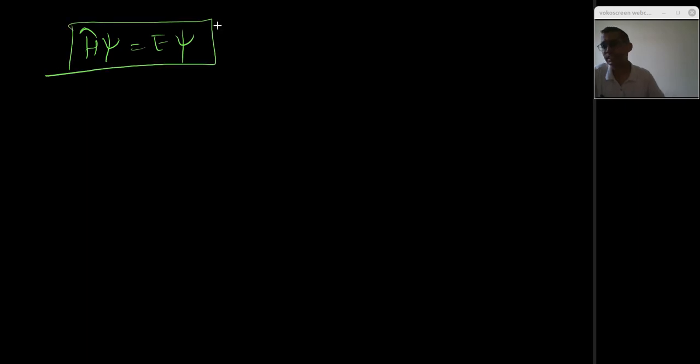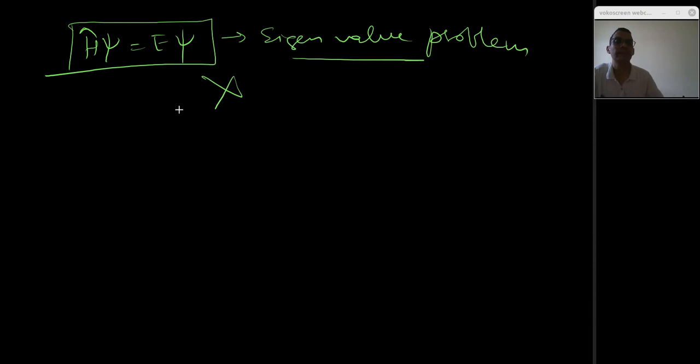Here this is our Schrodinger wave equation, H psi equals E psi, an eigenvalue problem. Generally we have to solve this equation, but in this method we are not going to solve this eigenvalue problem.